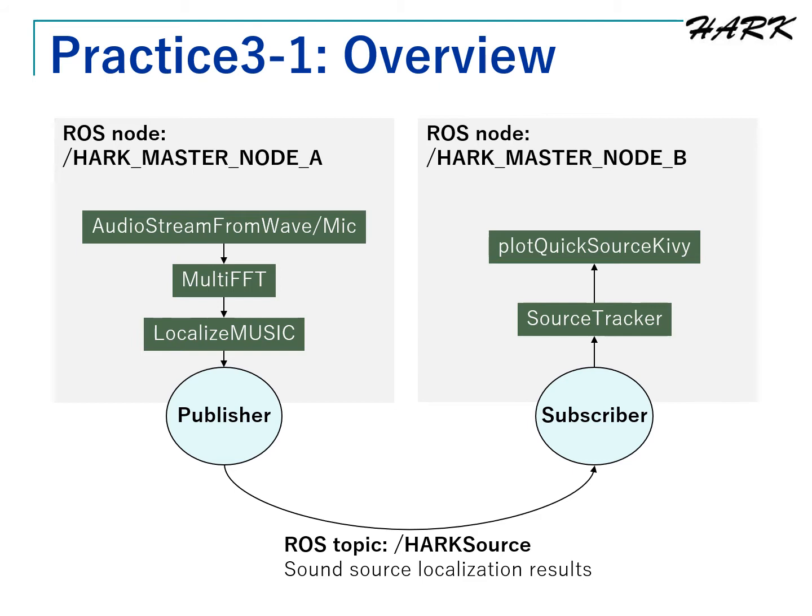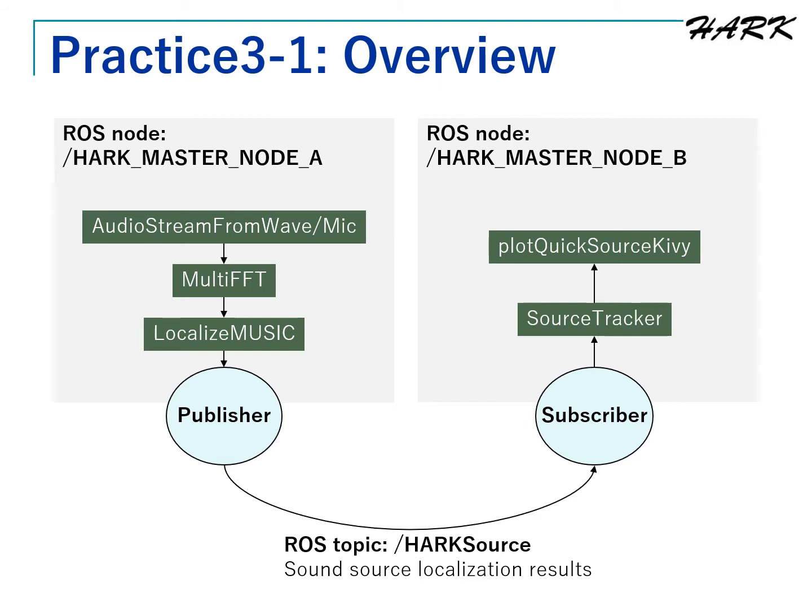The first node has the name HARK master node A. It reads the audio signal, performs Fourier transform, localizes the sound sources by MUSIC, and publishes the result to the topic named HARK source. The other node has the name HARK master node B and subscribes to localization results, tracks sound sources, and displays the results.